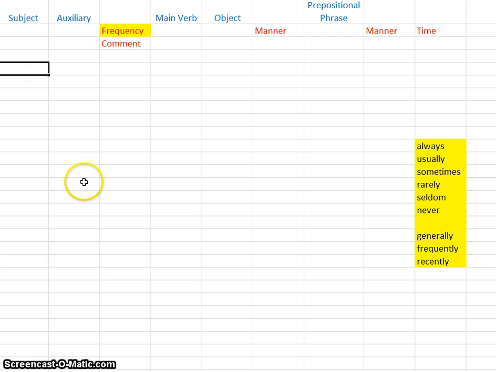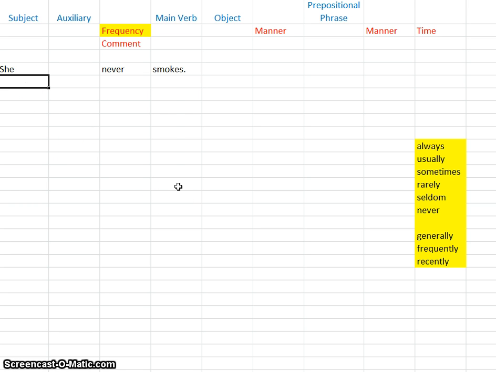So if we have just a simple sentence, we would write, she never smokes. She is the subject, the main verb smokes, and the adverb of frequency goes between the subject and the verb.